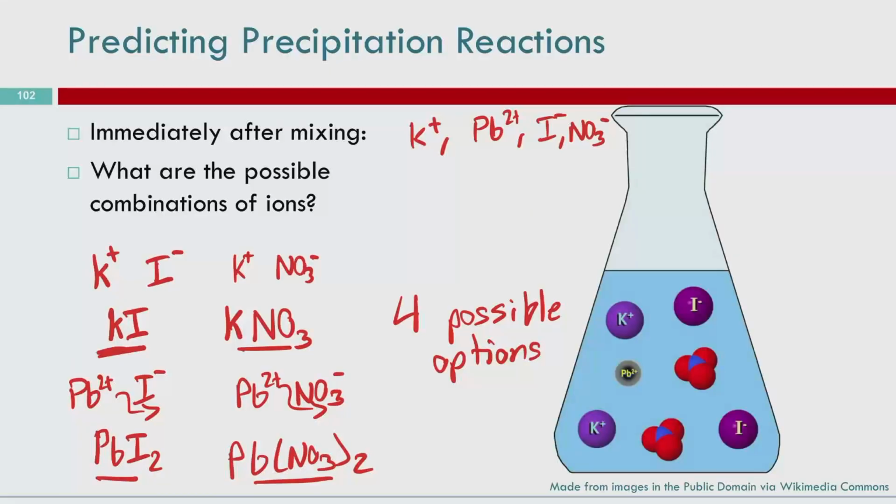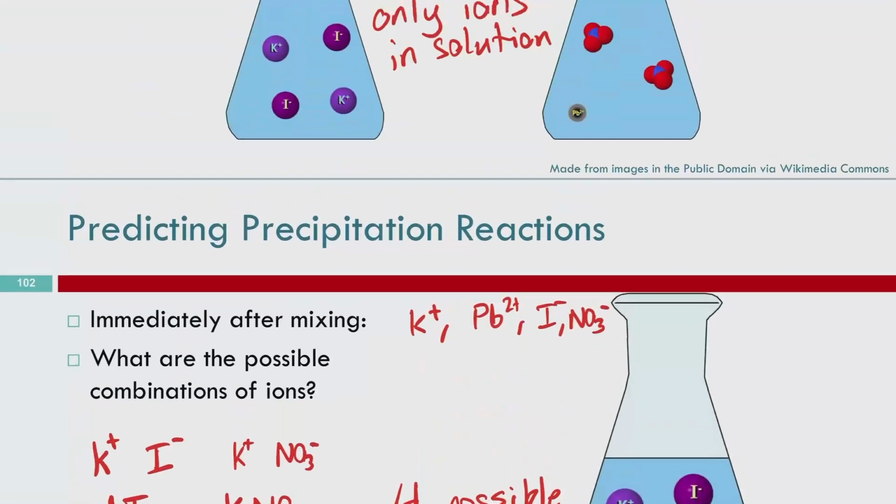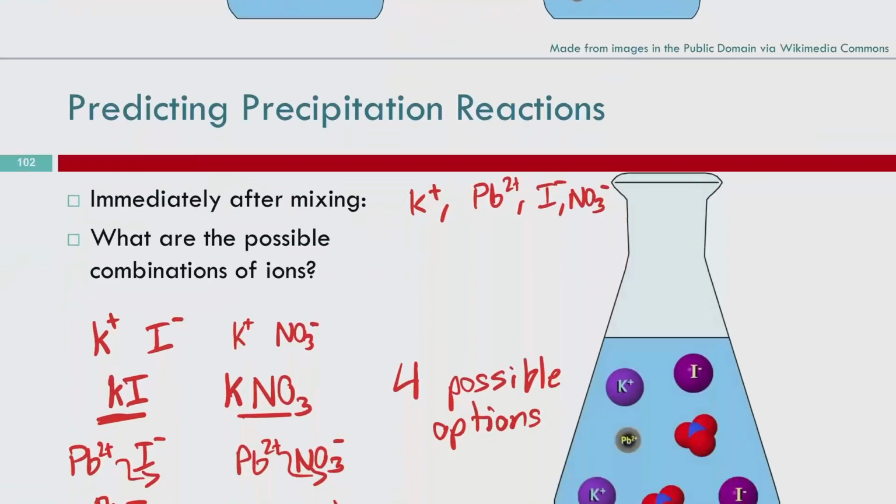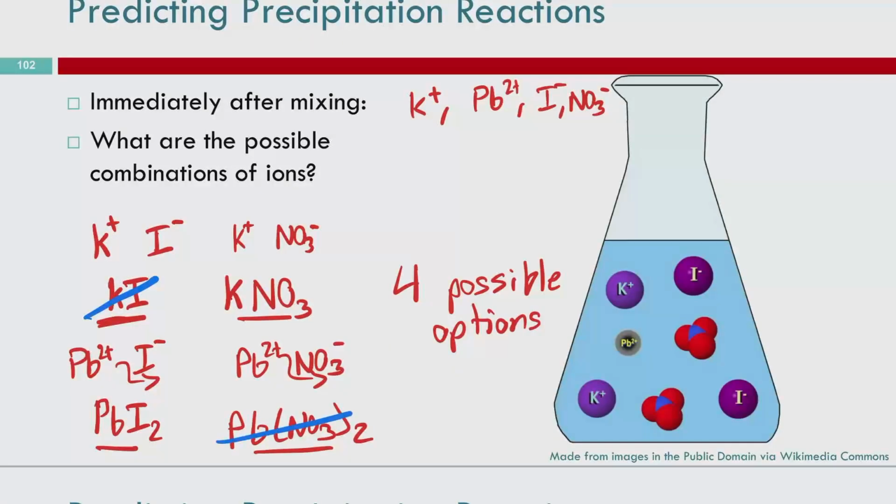2 of these we do not need to check because we saw them before mixing, right? We had KI, aqueous. That means it's completely dissolved. It's soluble. Pb(NO3)2 is also soluble, so we don't need to check these if we're looking for whether a precipitation reaction occurs. So KI, Pb(NO3)2, these are aqueous reactants, so we know that they're soluble.